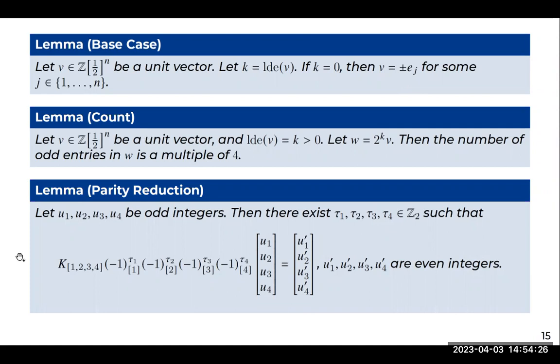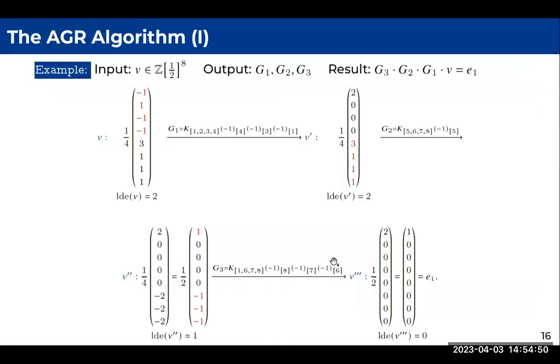And finally, if you always have 4 odd entries in a vector, there is a deterministic way to assign the 1-level and 4-level operators to act on this vector such that it will be reduced to a vector with a smaller LDE. In other words, you will reduce the odd entries to even entries. And why this is important, we'll see later.